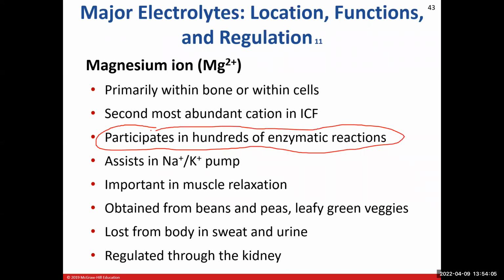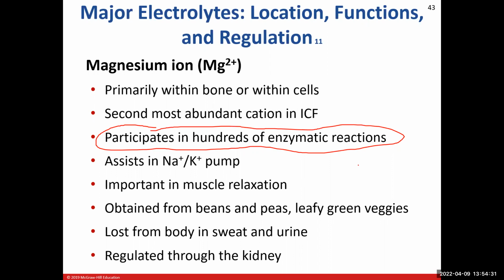I want to give you a better number, anywhere from 700 to 800 enzymatic reactions in your body. That's a lot. That's why magnesium concentrations are so very important. Magnesium will prevent calcium from going into the bones solely. It helps with the proper absorption of calcium.